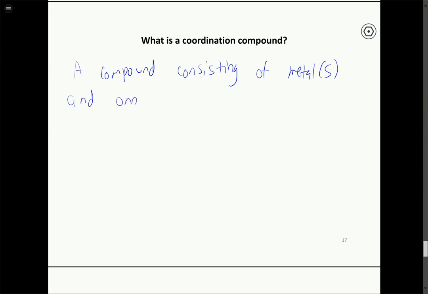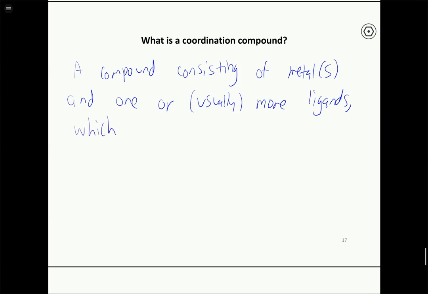And it has one, or in most cases, usually more than one ligand. And these things that we call ligands are small groups of atoms, typically small groups anyway, that donate electrons and bond to the metal.